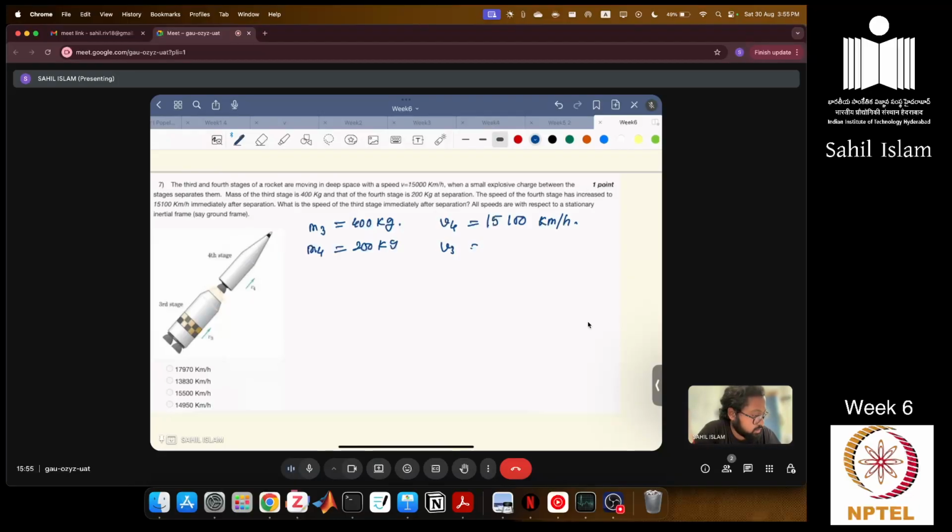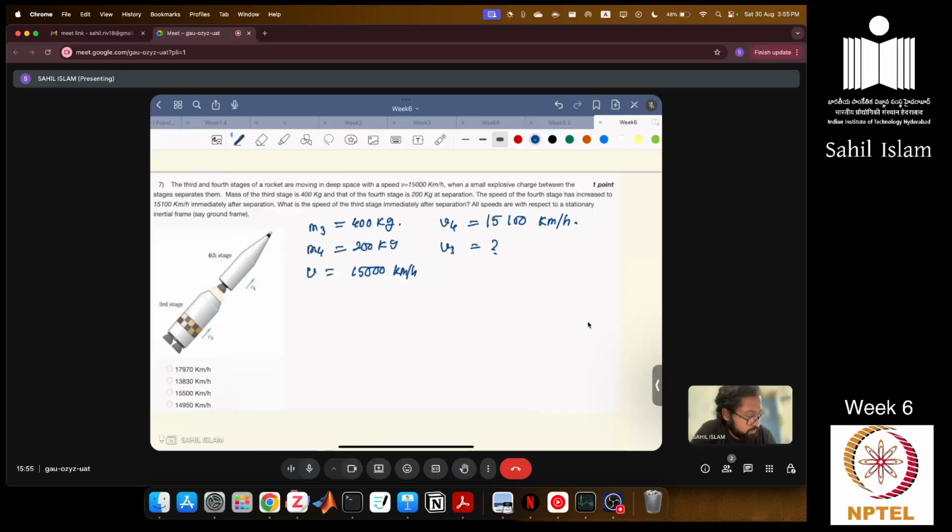So V3 is asked. So simple momentum balance, let's say. Earlier V was 15,000 kilometer per hour.